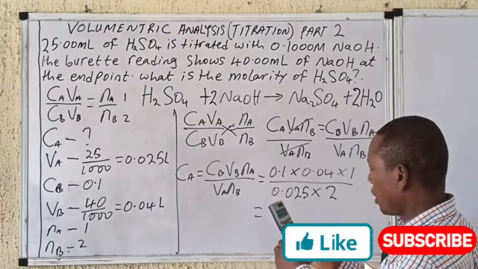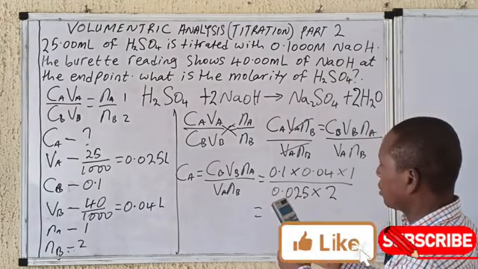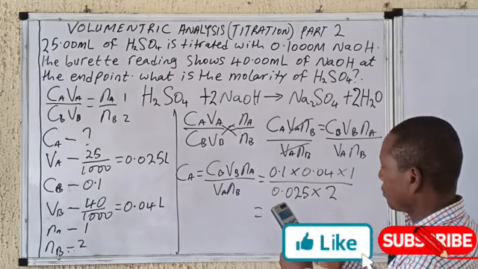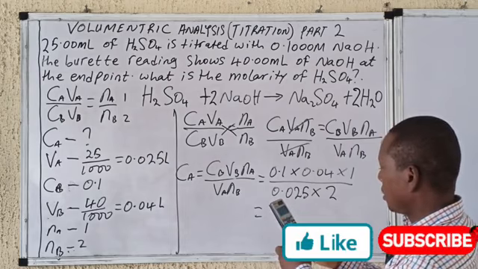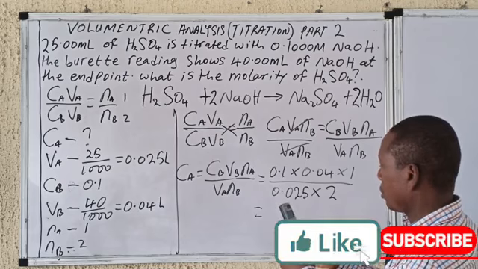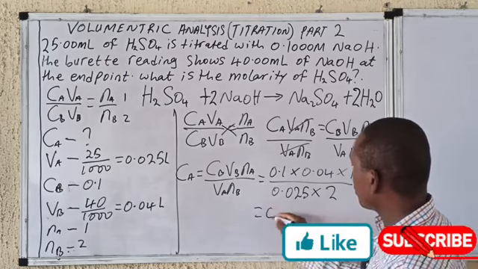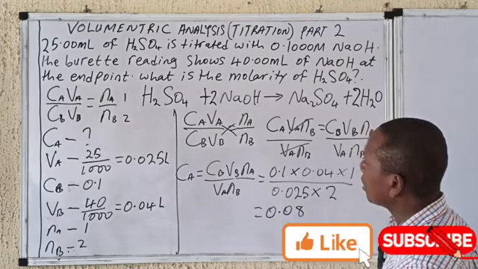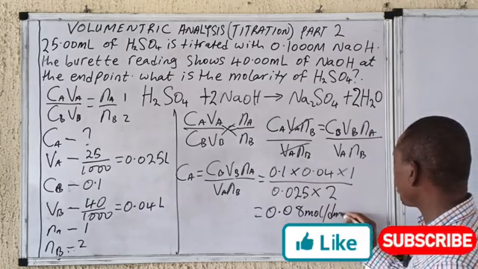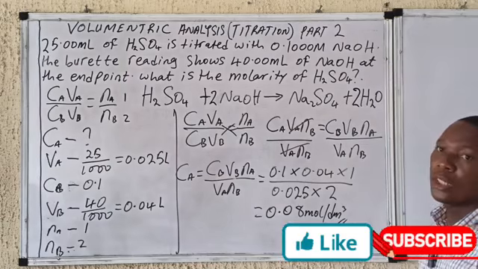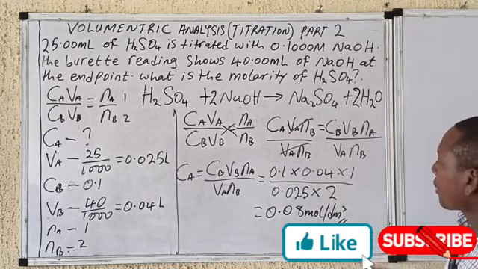You have 0.1 times 0.04 times 1, divide by 0.025 times 2. So what is our answer? 0.08. Now, what is the unit? Mole per dm cubed. All right, so this is the simple way to carry out this calculation.